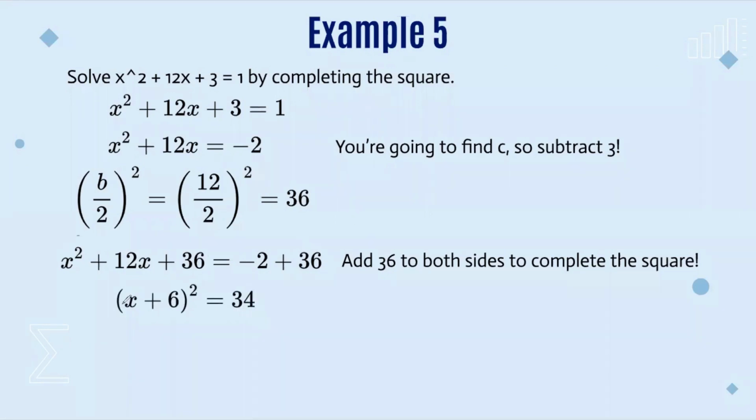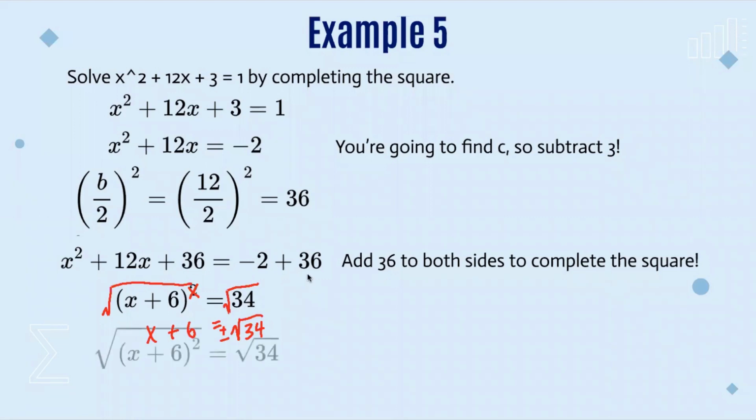This again looks like the standard equation we would solve using square roots. So I'm going to go ahead and square root both sides. If I square root x plus 6 squared, I'm going to get rid of the squared, and this would just be x plus 6. And then square root 34 does not simplify, so it would just be plus or minus square root 34.